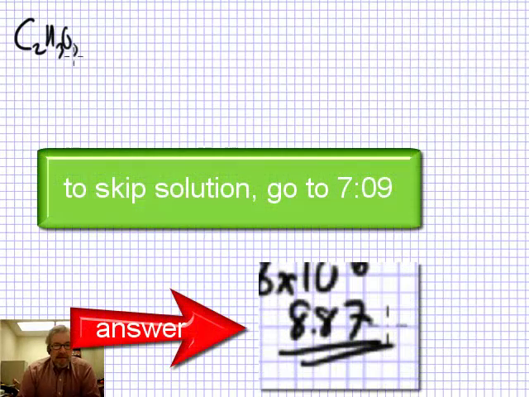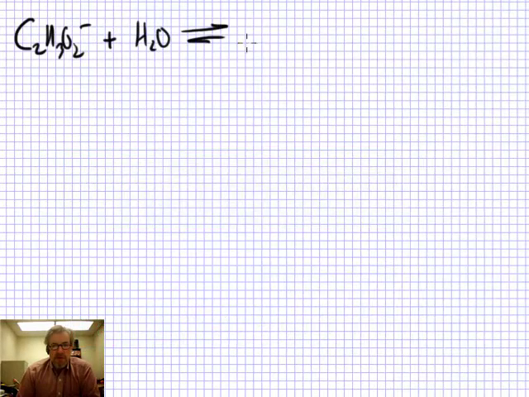So if acetate ion, C2H3O2 minus, is present in an aqueous solution, like all bases, it's going to react with water, and it will reach dynamic equilibrium with hydroxide ion and the conjugate acid of the base, which is acetic acid.